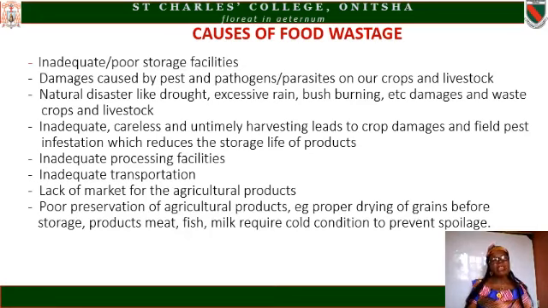If there is no place where you can carry out that thing, the food will be wasted. Then inadequate transportation facilities. After harvesting and you don't have a transport means through which you will take them to the market, that will lead to loss in the farm village.